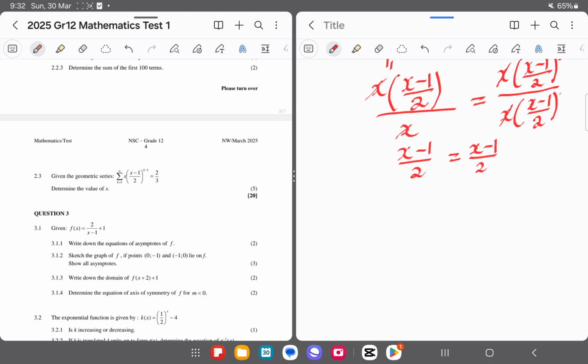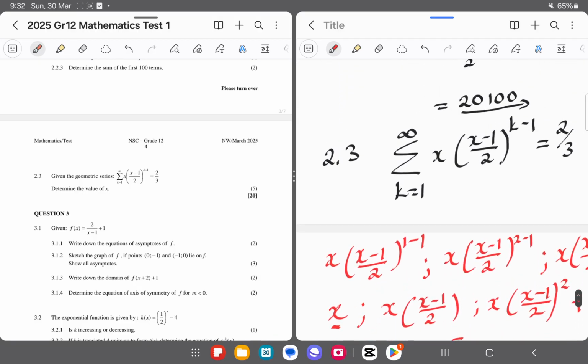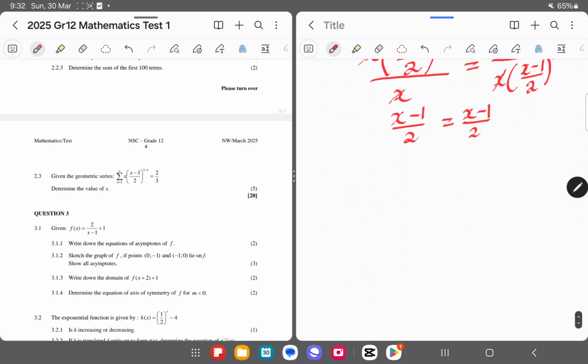Now remember, you are working with sum to infinity. So you need to use the formula for sum to infinity to solve for the value of x. We know sum to infinity is a divided by 1 minus r.